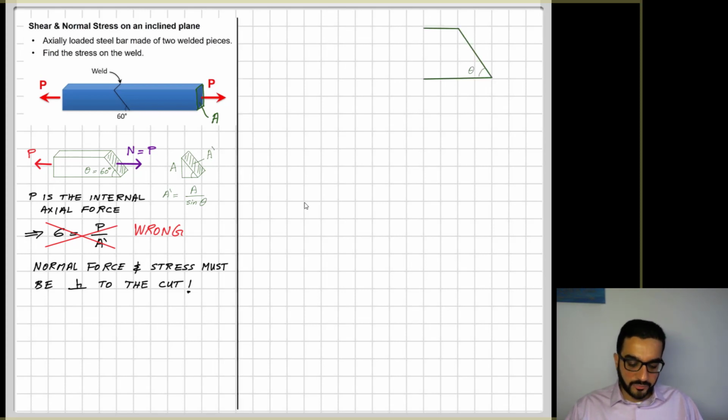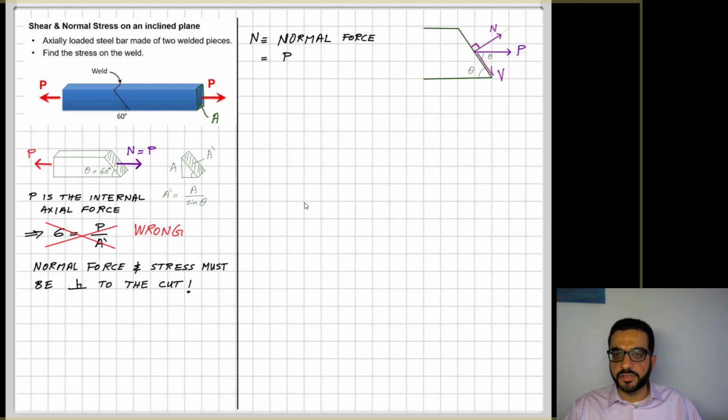So what happens is I have to analyze some components of this force. I calculate the component that is perpendicular. It is the true normal force, N, and then if I take out that component N, I am left with the component parallel to the surface of cut, which we call the shear force. So now N and V are components of P. How to calculate these?